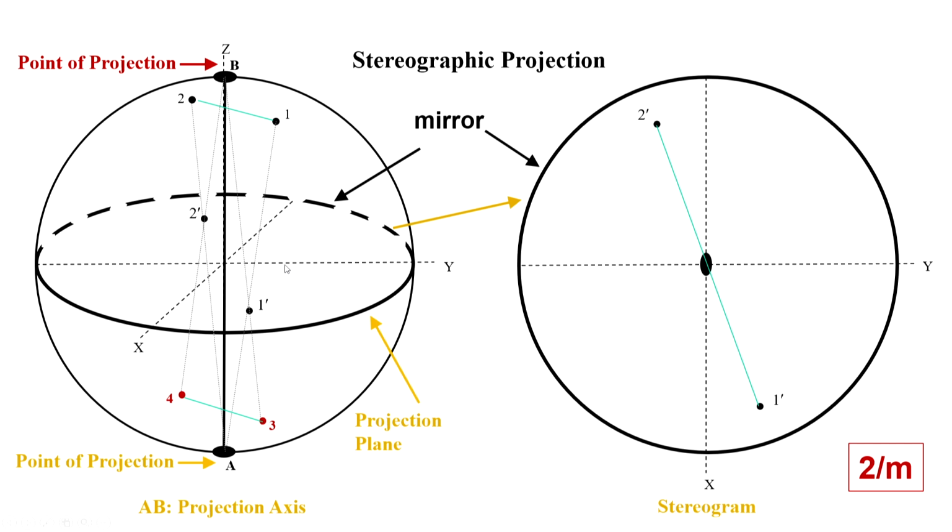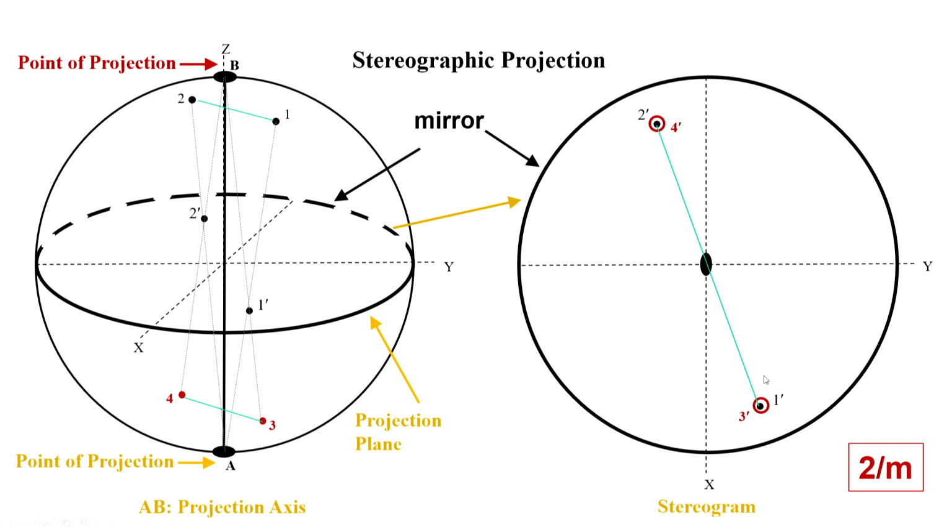So now the projections of points 3 and 4 are at the same location where the projections of points 1 and 2 are. So how do I represent this? This is represented by an open circle.